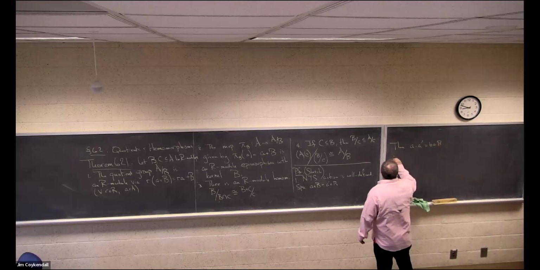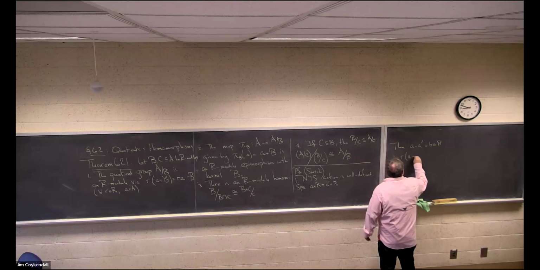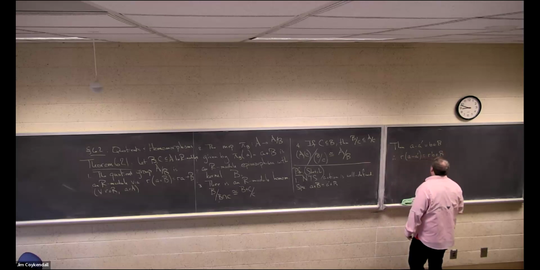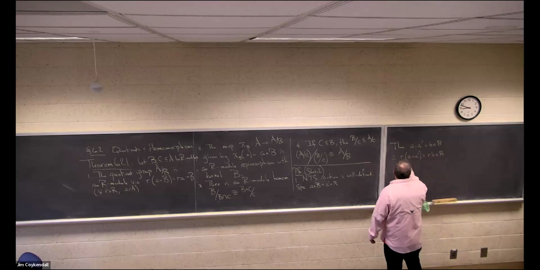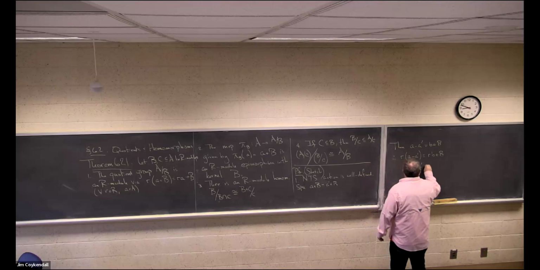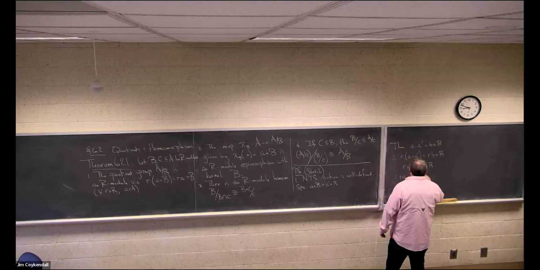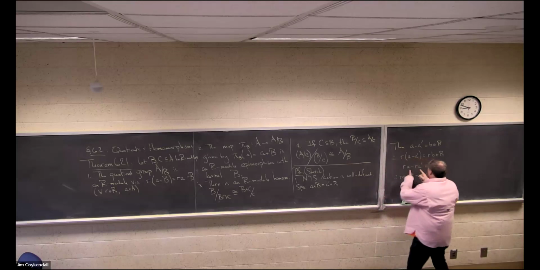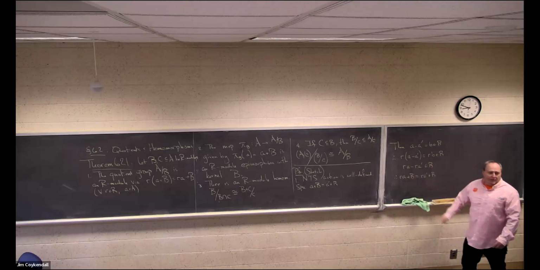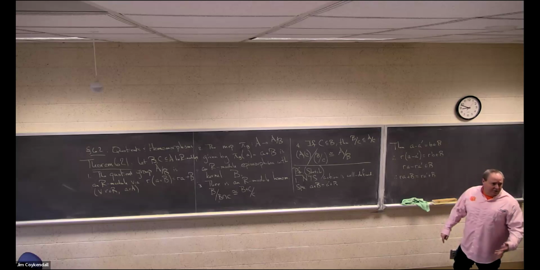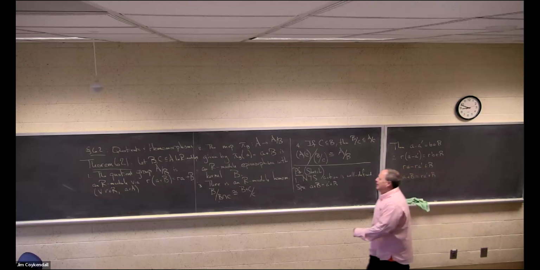Therefore, r(a minus a prime) equals rb, which is in B. So ra minus ra prime is in B. Therefore, ra plus B equals ra prime plus B. Because this difference in B means that these two things represent the same coset. So this multiplication that we find is well defined. Right?